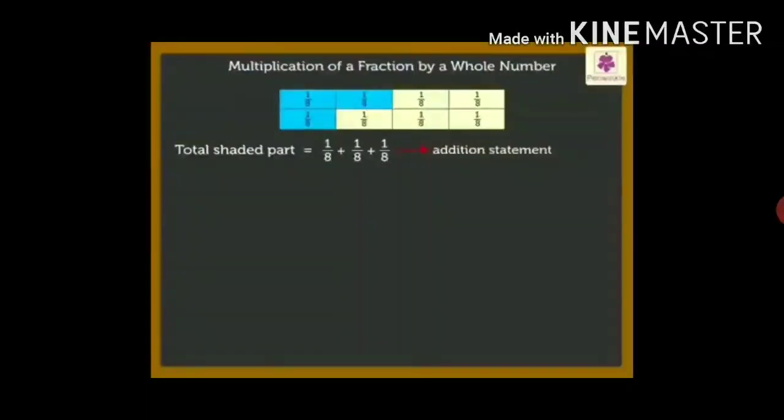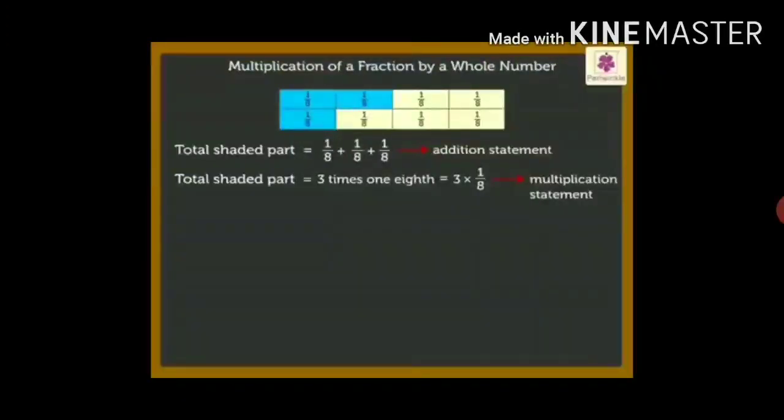This is the addition statement. Also, as there are 3 shaded parts, each being 1/8 of the rectangle, we can say that the total shaded part is equal to 3 times 1/8, which is equal to 3 into 1/8. This is the multiplication statement.